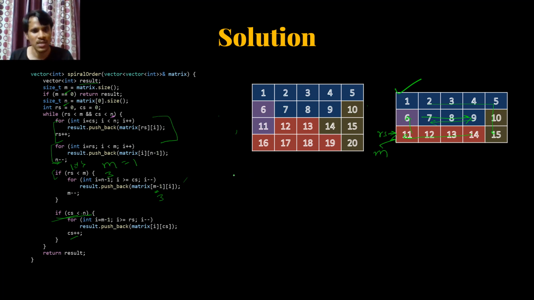So what is the time complexity for this problem? We are traversing all the elements in the matrix once, so the time complexity is order of m cross n. What is the space complexity?